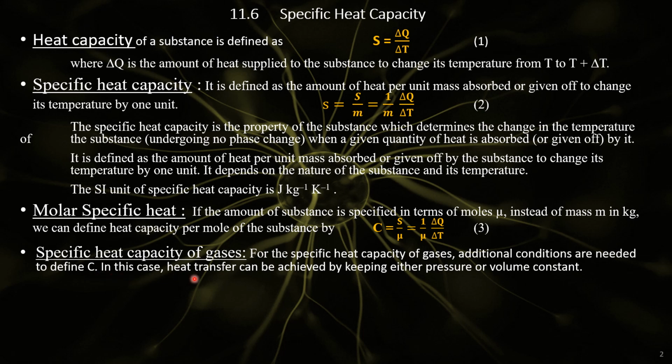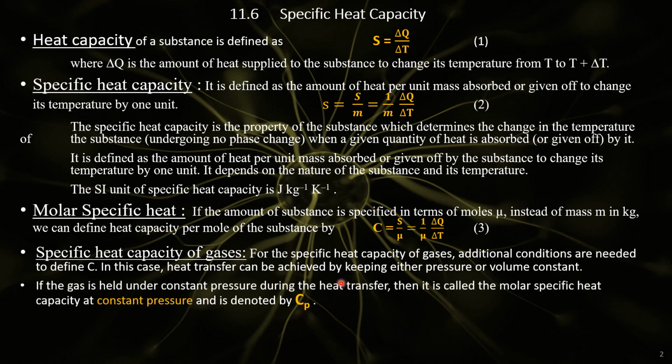In this case, heat transfer can be achieved by keeping either pressure or volume constant. If the gas is under constant pressure during the heat transfer, then it is called the molar specific heat capacity at constant pressure, and it is denoted by the letter capital C subscript P. Here the subscript P represents constant pressure.